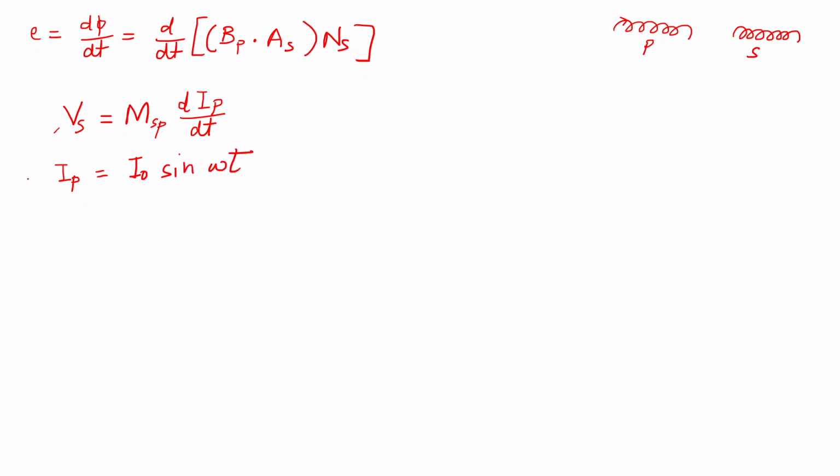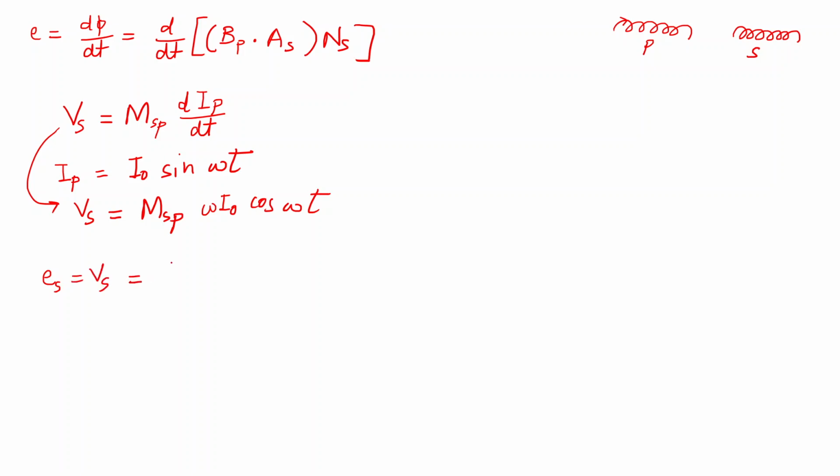In that case, this is a constant, and when we substitute the primary current value here, we get omega I naught cos omega t.